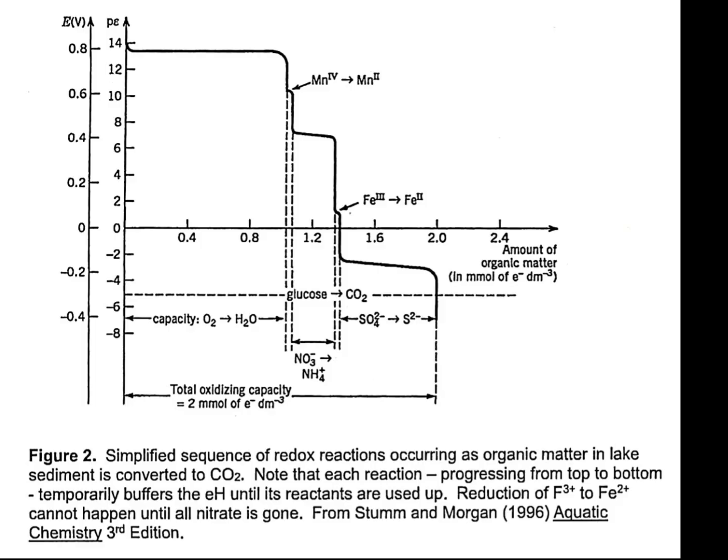I don't remember what the carbon content of your sediment is, but let's just say it's 20% carbon, which is kind of low for a lake. That's 200,000 parts per million. And the most oxygen you're going to have in water, even if you enhance it, is something like 15.